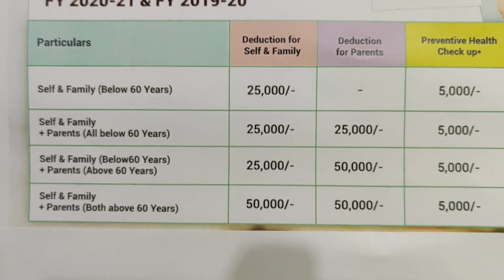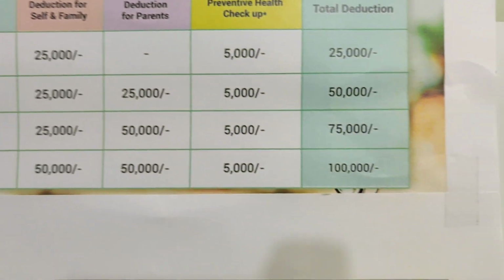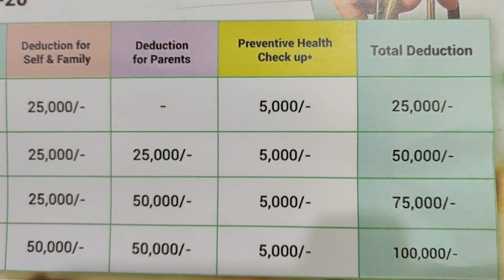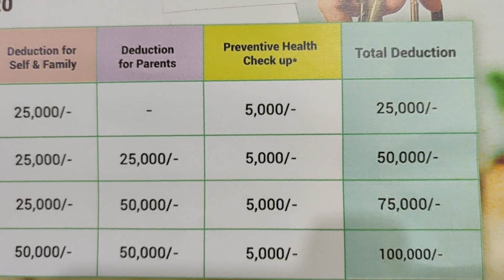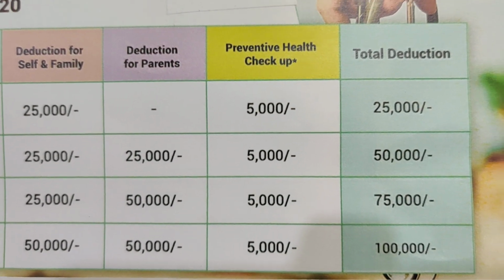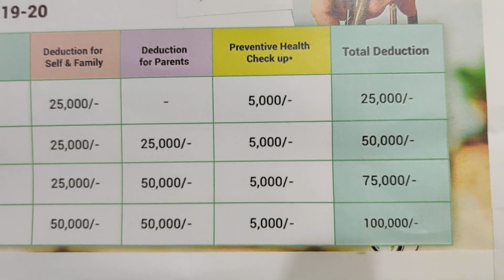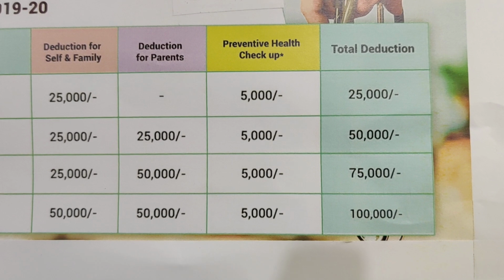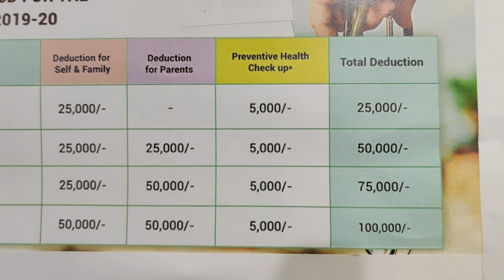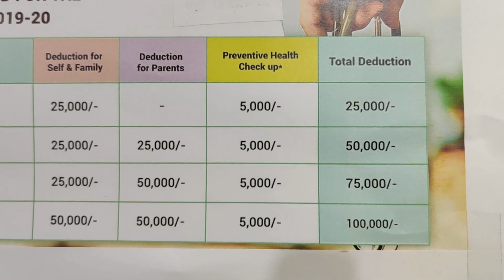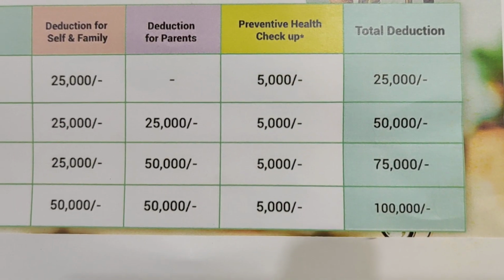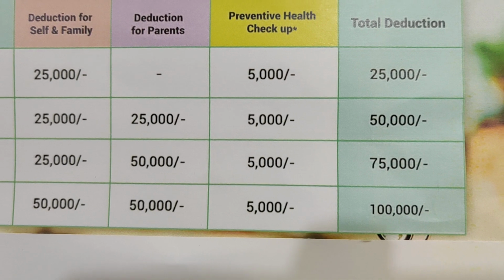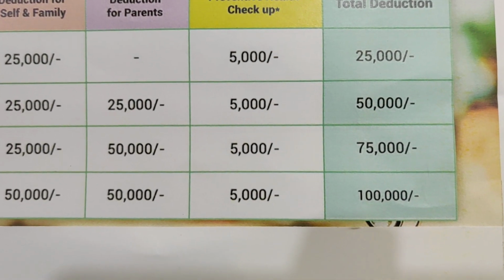If you yourself are a senior citizen, then you are also entitled to a deduction of 50,000. Apart from this mediclaim insurance, you also get an additional deduction of 5,000 in respect of preventive health checkup. Preventive health checkup means that when you go to the doctor for tests like ECG, blood sugar, blood cholesterol, whatever amount you have spent annually, you are entitled to an additional deduction of 5,000 under section 80D.